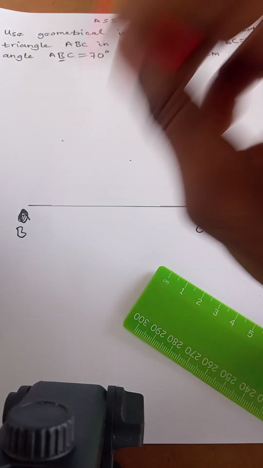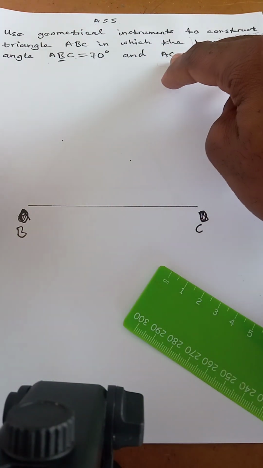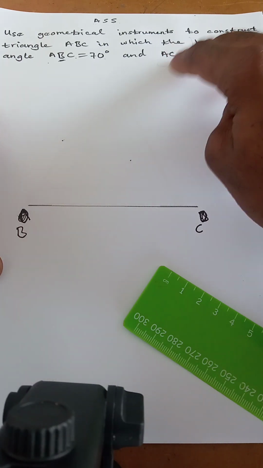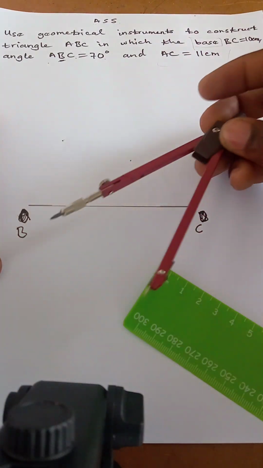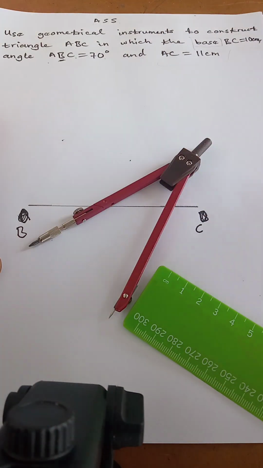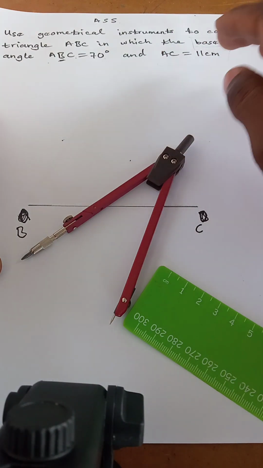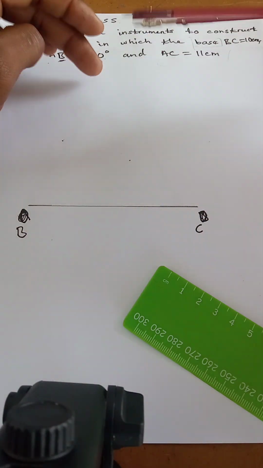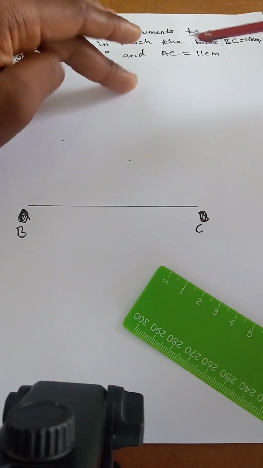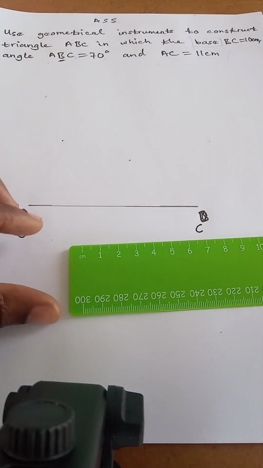So now you don't draw anything here. You need to use this tool to draw the other line. So the other line must be 11 centimeters from C. So your C is somewhere here, but we don't really know exactly where it is.